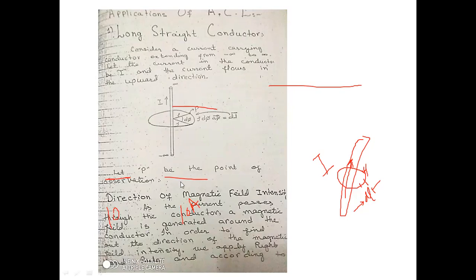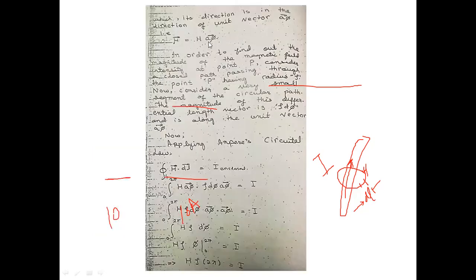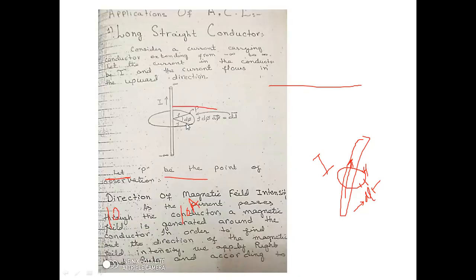The point of observation P is assumed in such a way that P crosses the magnetic field intensity ring. Its direction is in the direction of the unit vector a phi.